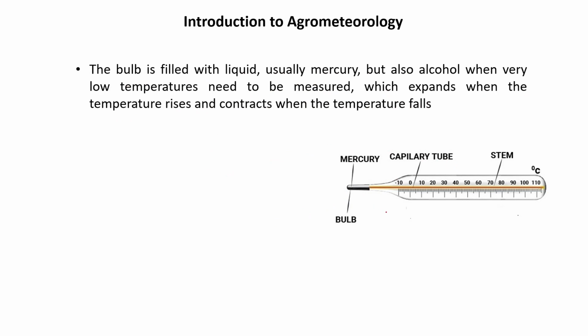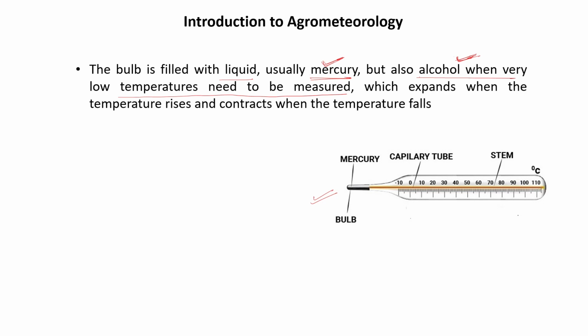So, here is the figure of a thermometer. The bulb is filled with a liquid, which is usually mercury. This is an element which is in liquid form, but alcohol is also used when a very low temperature needs to be measured. So, a question can be asked on this: what should the bulb be filled with when you have to record a very low temperature?